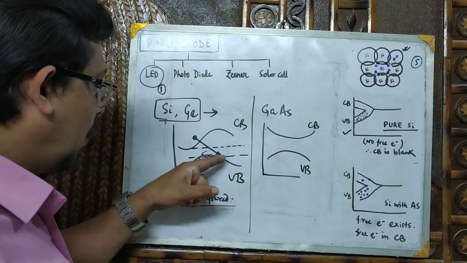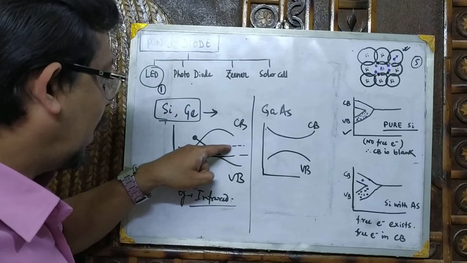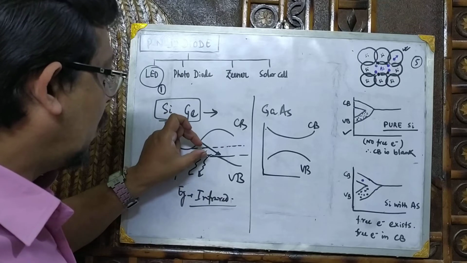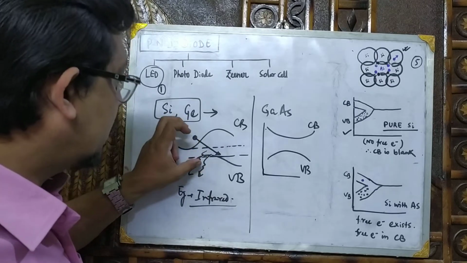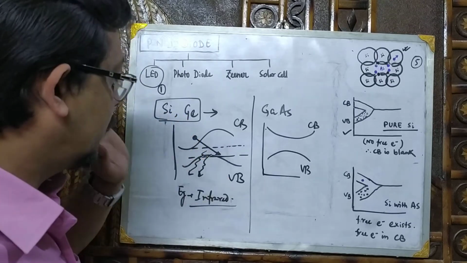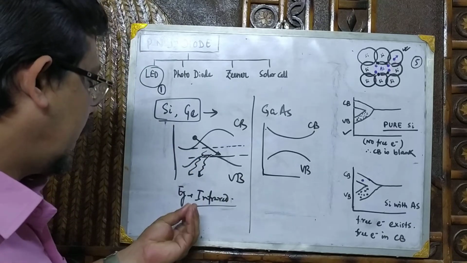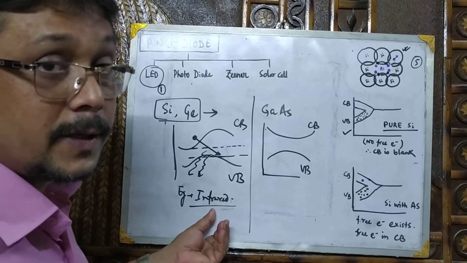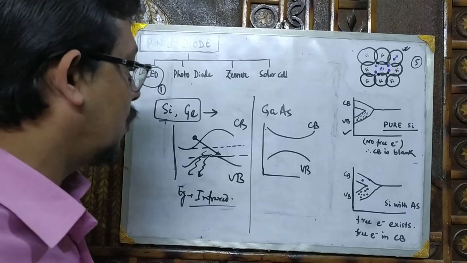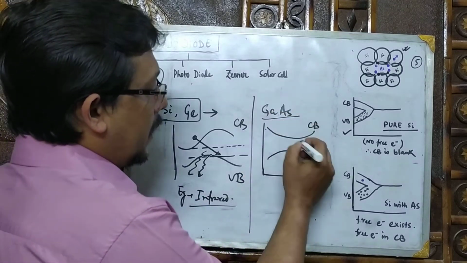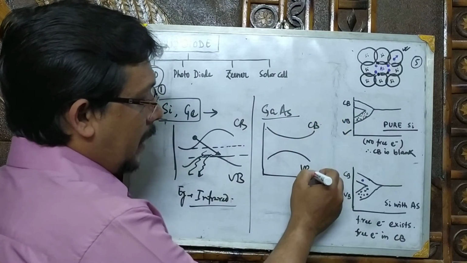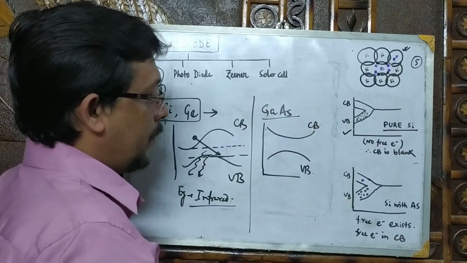For them, the upper level of the valence band and lower level of the conduction band are not in the same momentum. All the electrons are not in the same momentum. So momentum change is needed and energy is used. So we get energy in the range of infrared, which is not visible, which produces heat only. But in case of gallium arsenide, the conduction band and valence band have a regular gap.